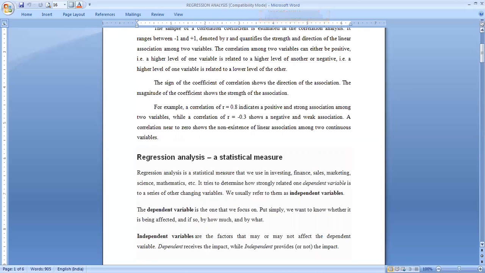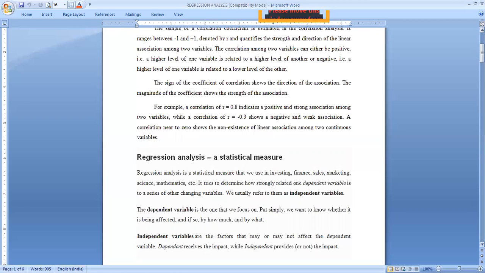We usually refer to them as independent variables. The dependent variable is the one that we focus on. Put simply, we want to know whether it is being affected, and if so, by how much and by what.